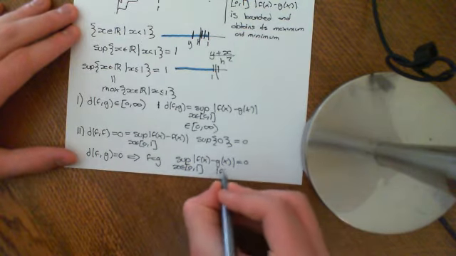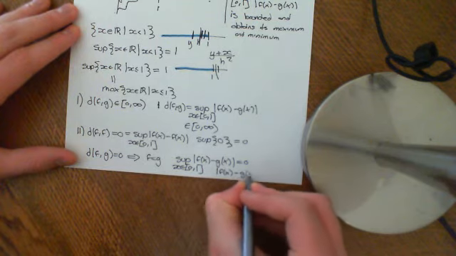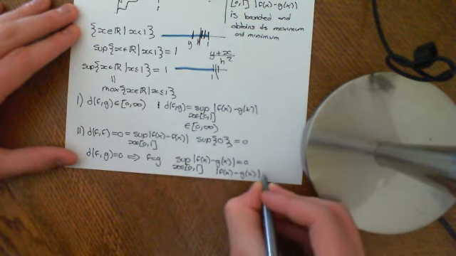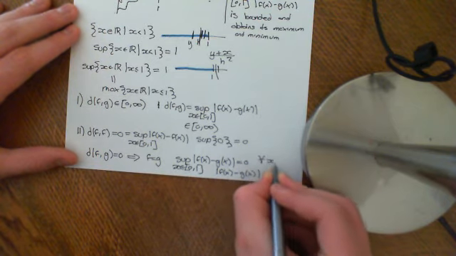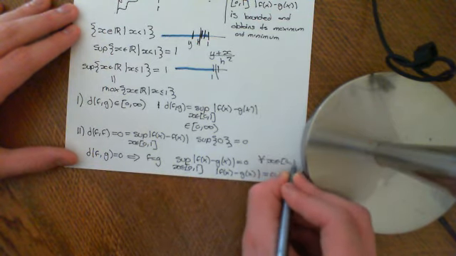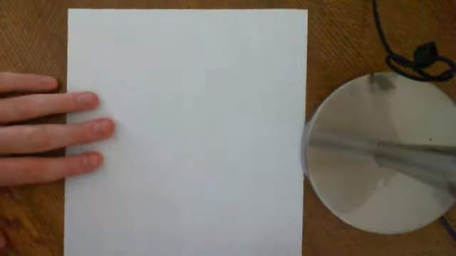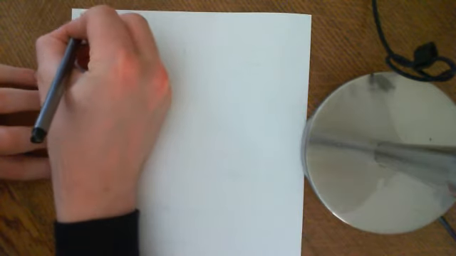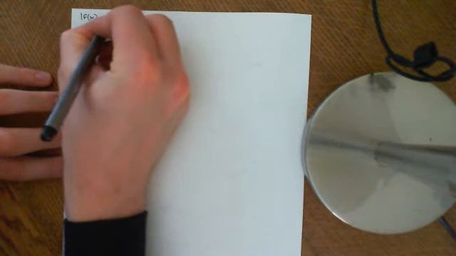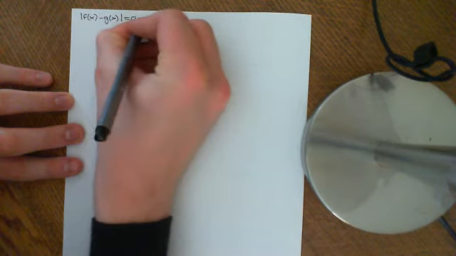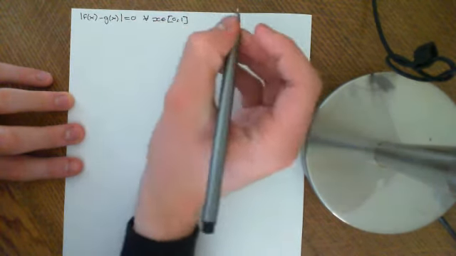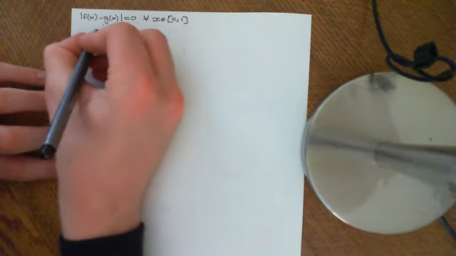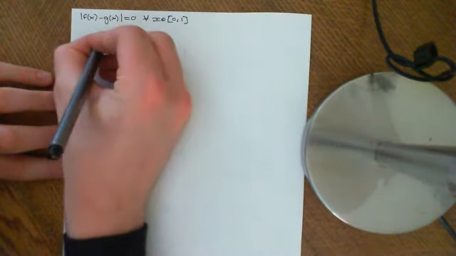So for all x an element of [0, 1], the modulus of f of x minus g of x must equal 0. So that holds for all x an element of [0, 1]. Okay, so now we'll come on to the other side of this page. So this is what we've got so far, that the modulus of f of x minus g of x is equal to 0 for all x an element of the interval [0, 1].